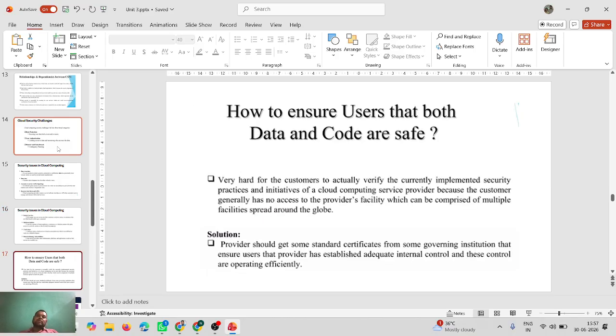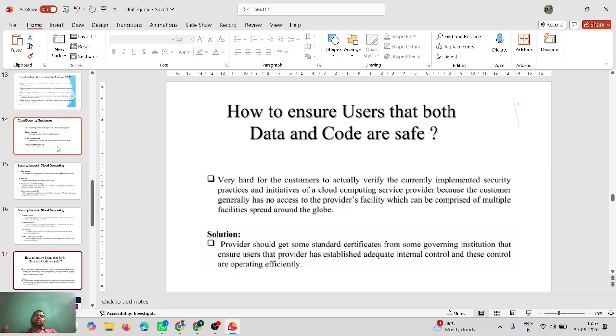So how do we ensure users that both data and code are safe? It is very hard to say, as I said at the beginning of the session, achieving a 100% secure system is never possible, right? So the best possible solution is to get standard certificates from a governing institution that assure users that the provider has established adequate internal control.